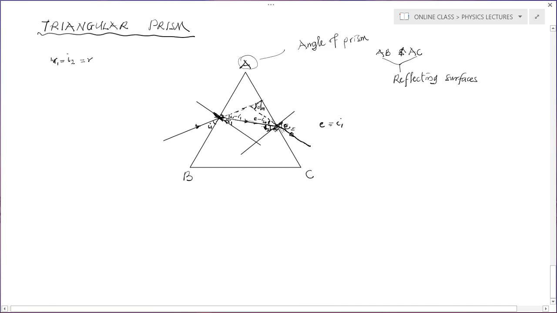But we have just said that I1 equals E, which is equal to I in this case. So let's go there. You now see that from what we have in this triangle, look at it very well. Let me redraw the triangle.